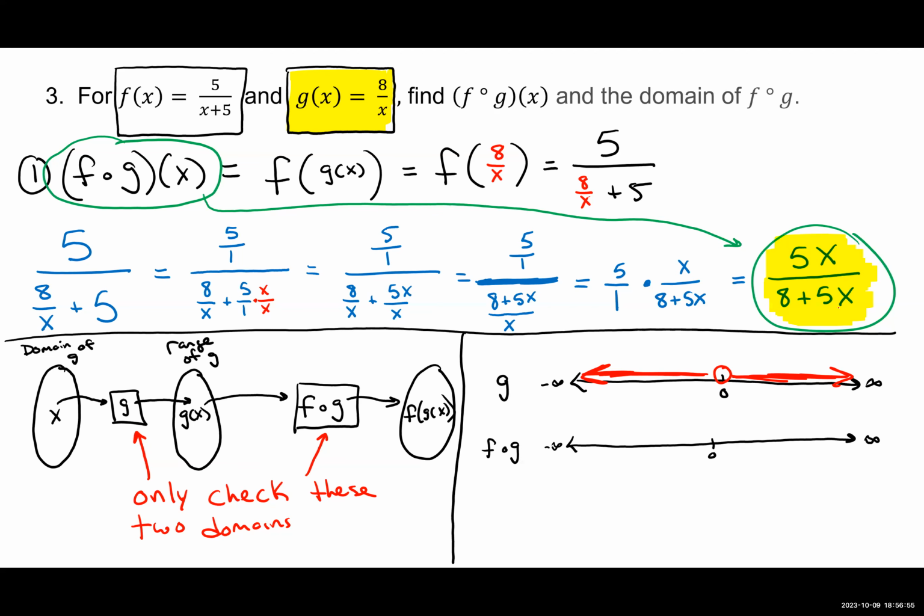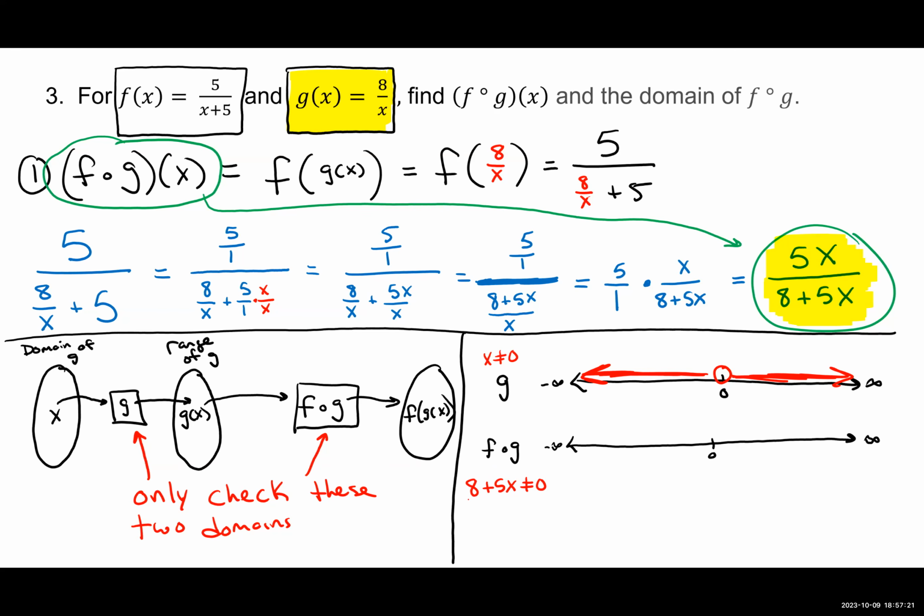And then if we look at the f of g function, the 5x over 8 plus 5x, well, that's a fraction. The bottom can't be 0, so 8 plus 5x cannot be 0. So solve for x.